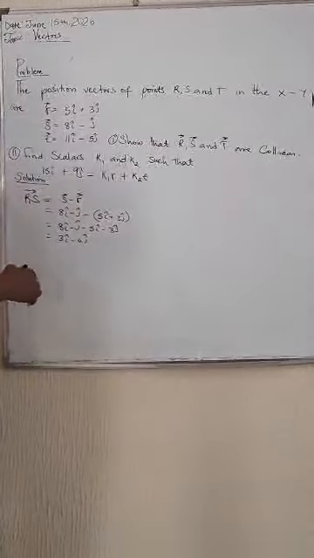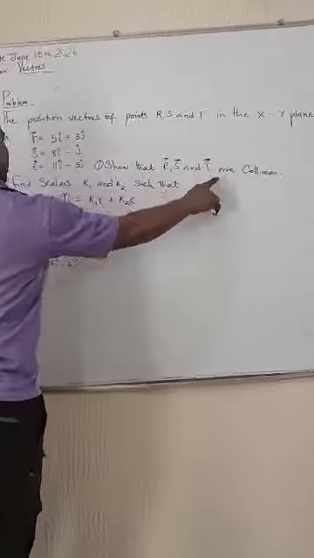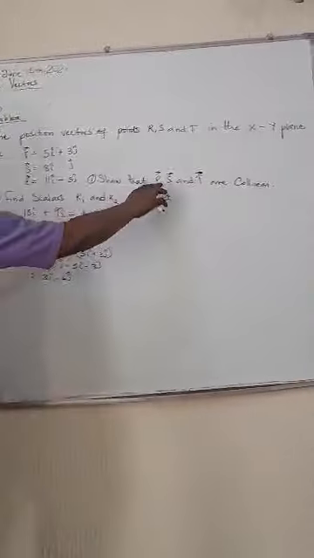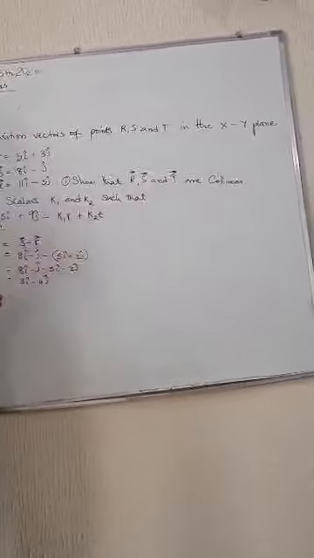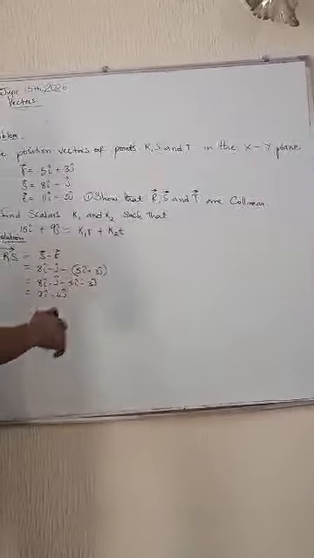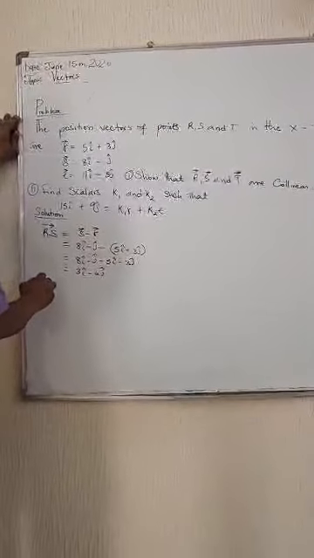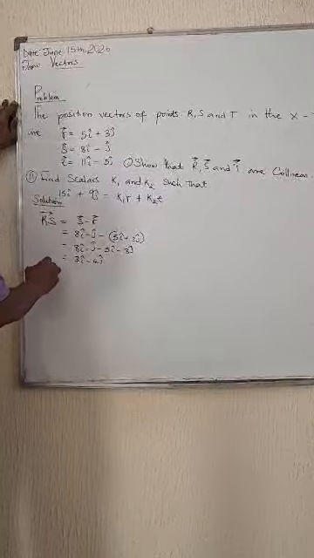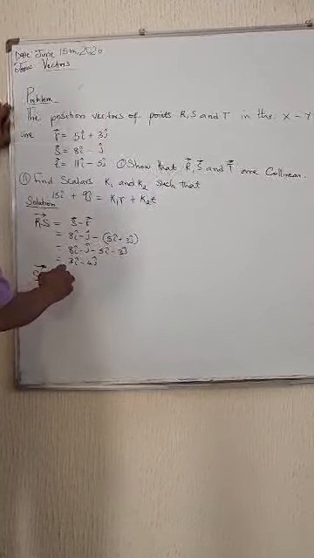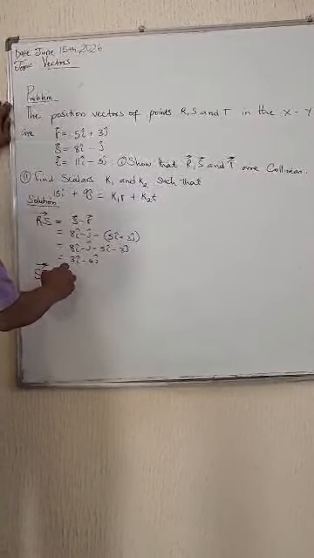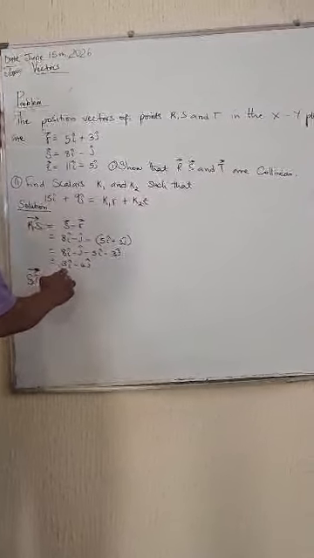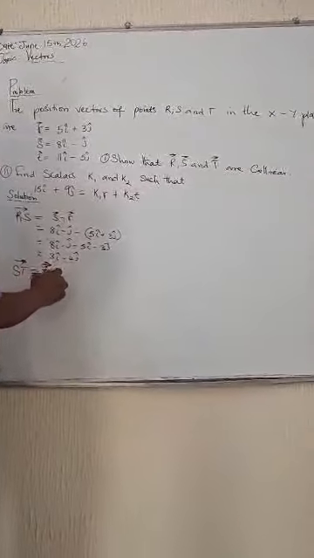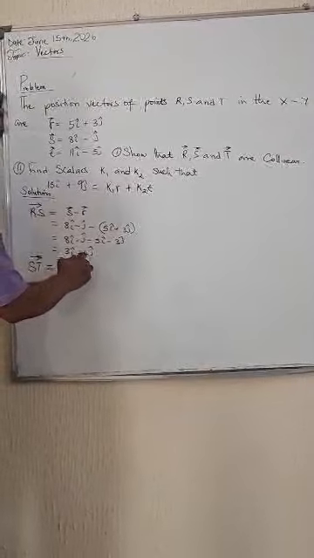Now let's try for vector st and see whether the two lines are parts of the straight line rst. So let's see st, which we know will be equal to vector t minus vector s.